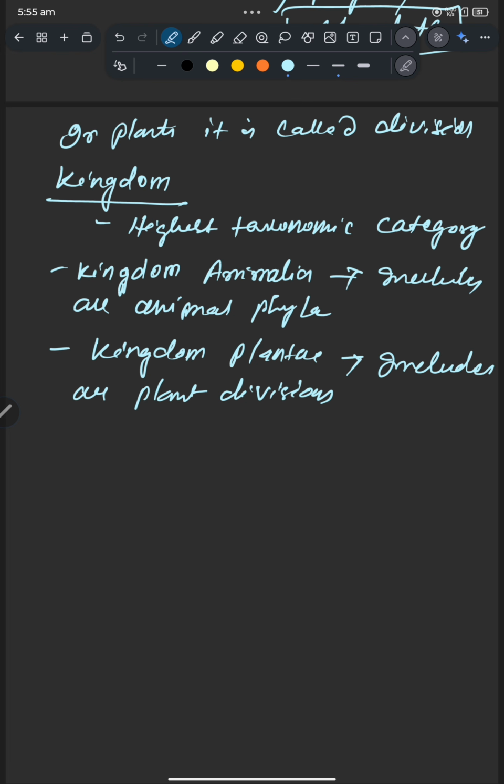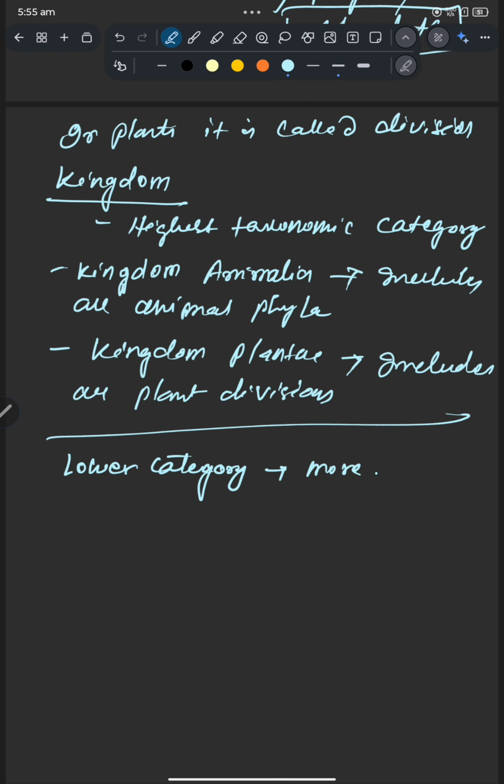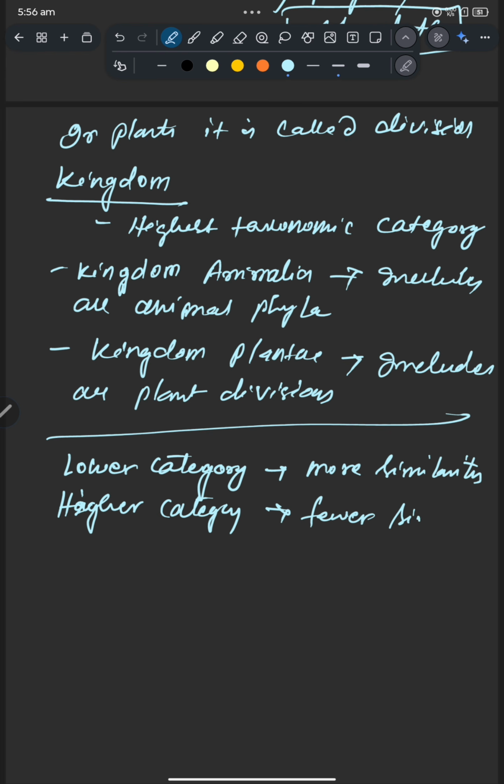So here one thing we have to remember: lower category, more similarities. If there are more similarities, it is easier to group them, but higher categories have fewer similarities.